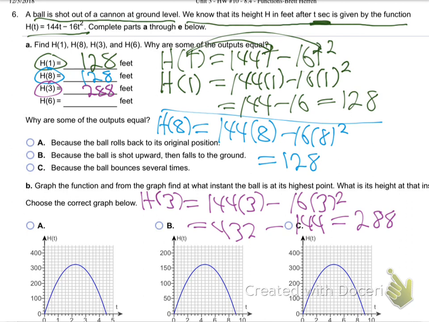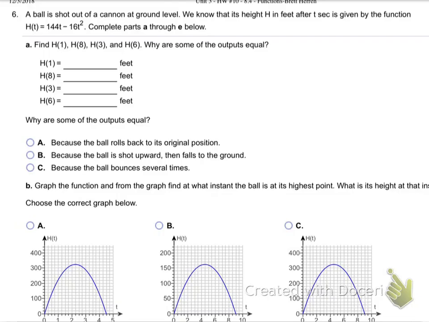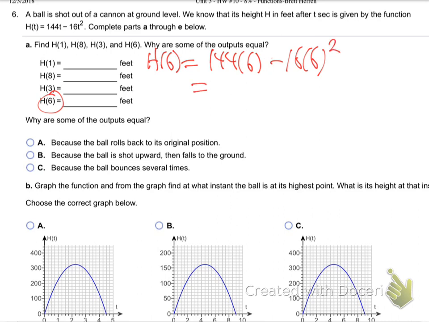Finally, the last one is h of 6. So I'm kind of running out of room here. Here, I'll go to a fresh screen. So h of 6 equals 144 times 6 minus 16 times 6 squared.